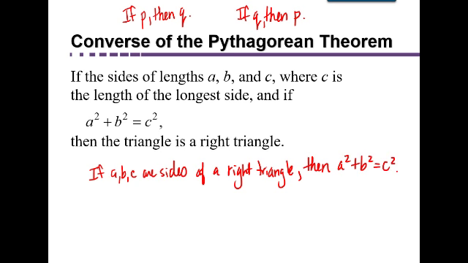What this is talking about is the converse. If you have a triangle with sides a, b, and c, and it turns out that a squared plus b squared is equal to c squared, then that guarantees that the triangle is a right triangle.